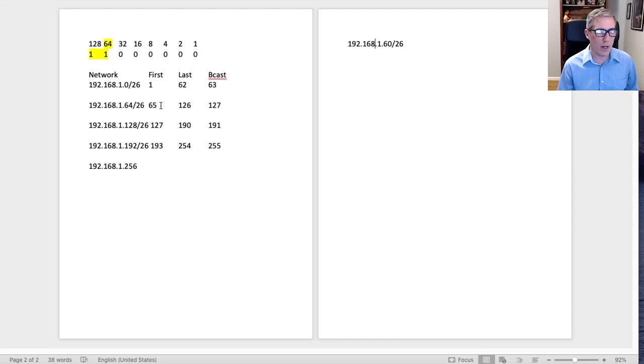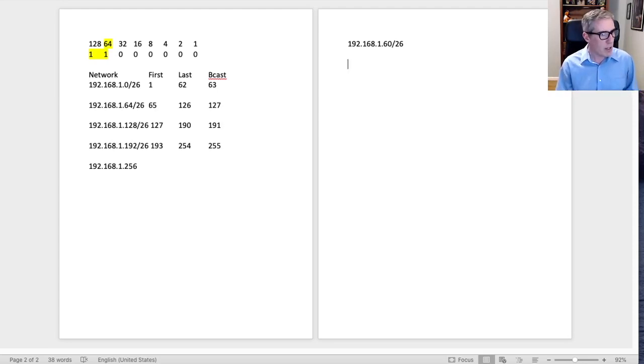Now what kind of questions can we answer with this? Obviously a simple one is just to say these two addresses, are they on the same network? Is 192.168.1.60/26 on the same network as 192.168.1.68/26?